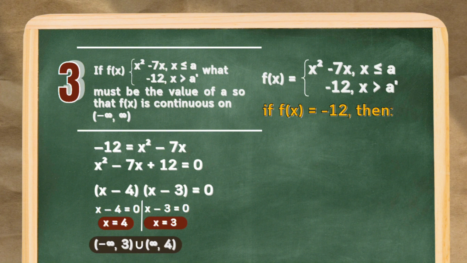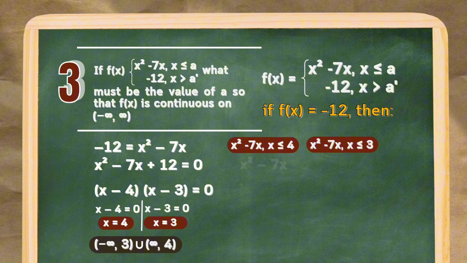considered continuous. From the two values of x we got, let's now assume that x squared minus 7x, if x is less than or equal to 4, let's now substitute the 4 to x. So 4 squared minus 7 times 4 is equal to 16 minus 28, which is negative 12.